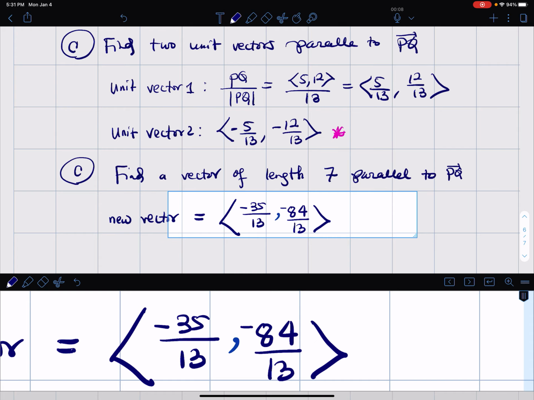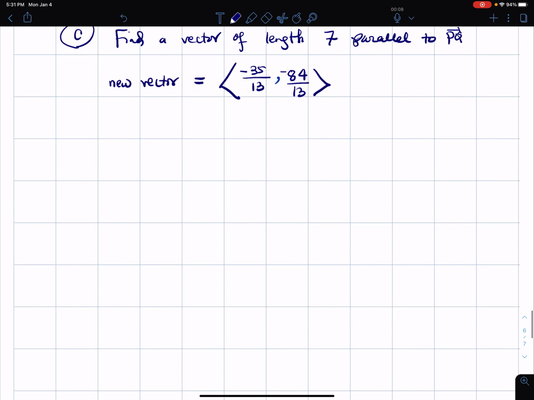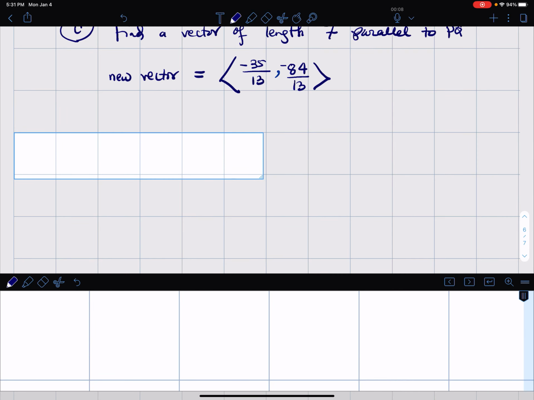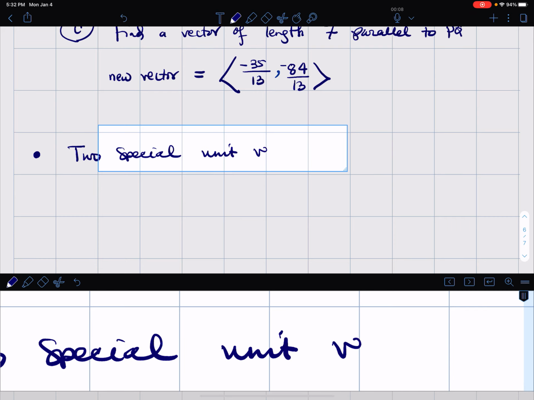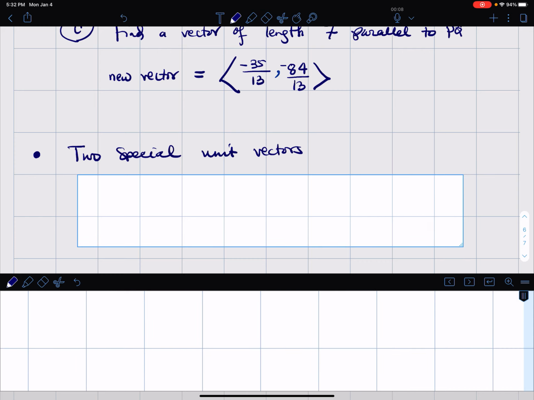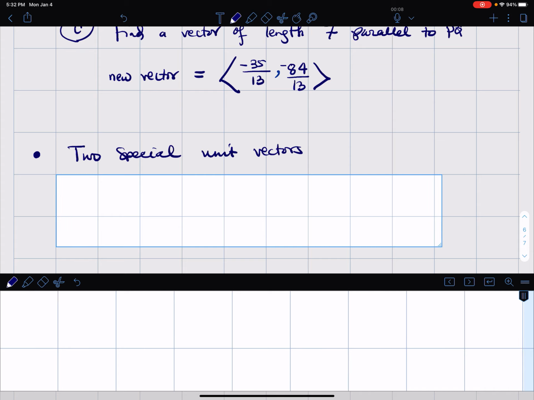All right. One thing I want to end on is two special unit vectors. I'm sure you've seen this before.